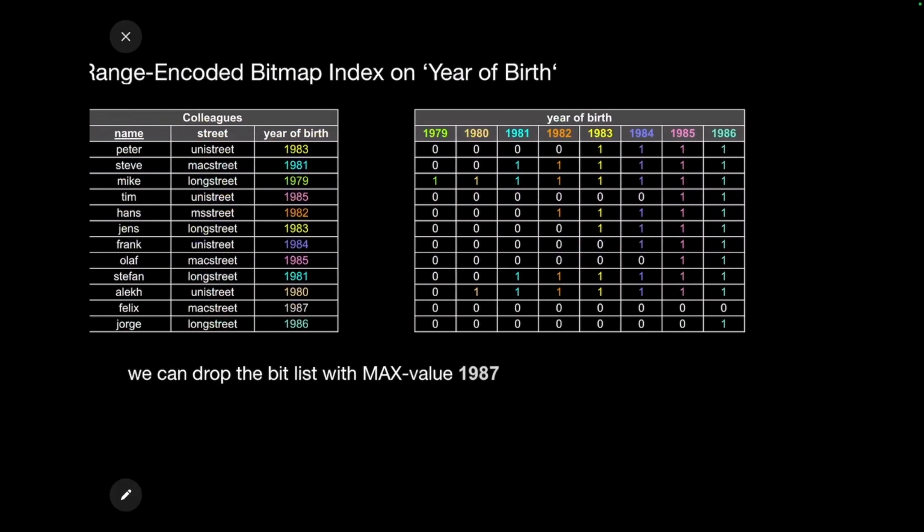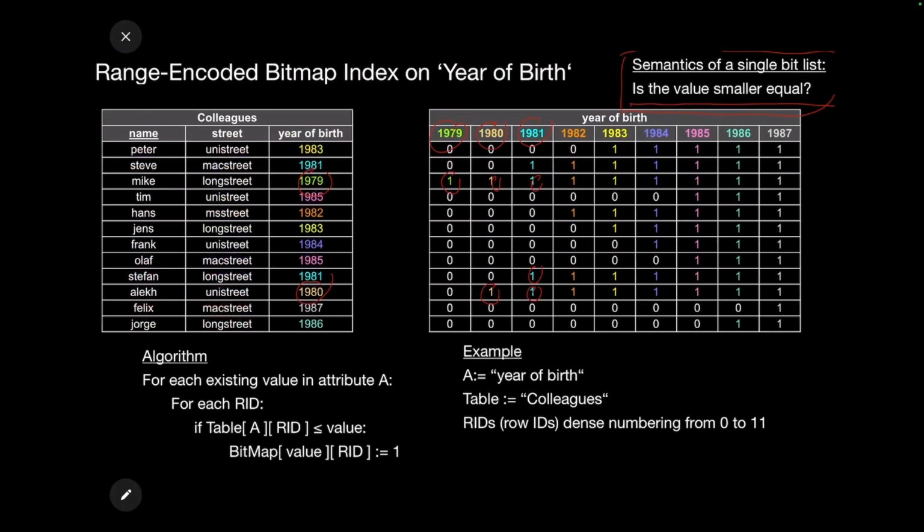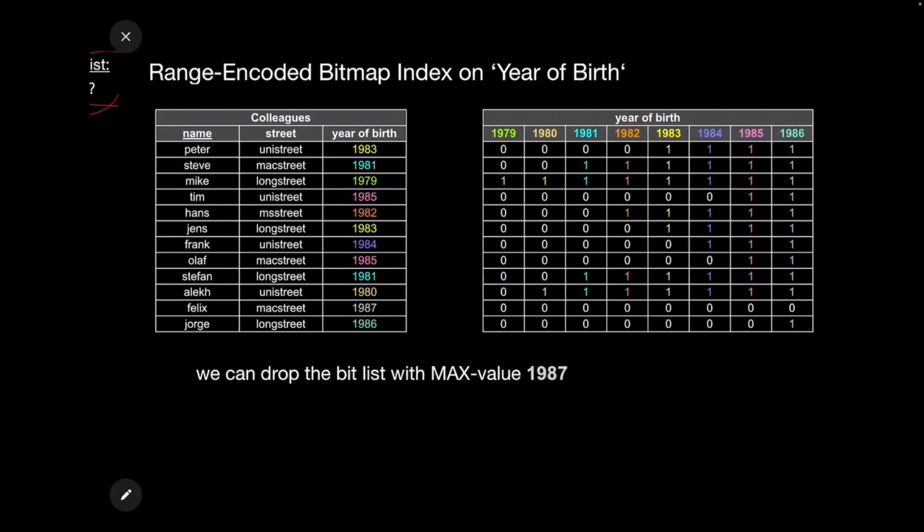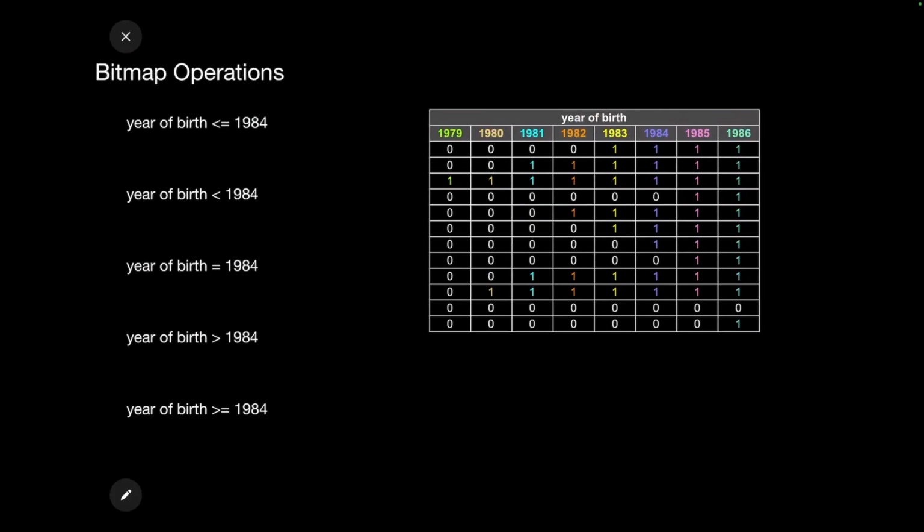The semantics of a single bit sequence is smaller equal. So if you have an incoming query with smaller equal, how do you answer this query? That's the bit list, directly this bit list. This is the result. Done, that's easy.